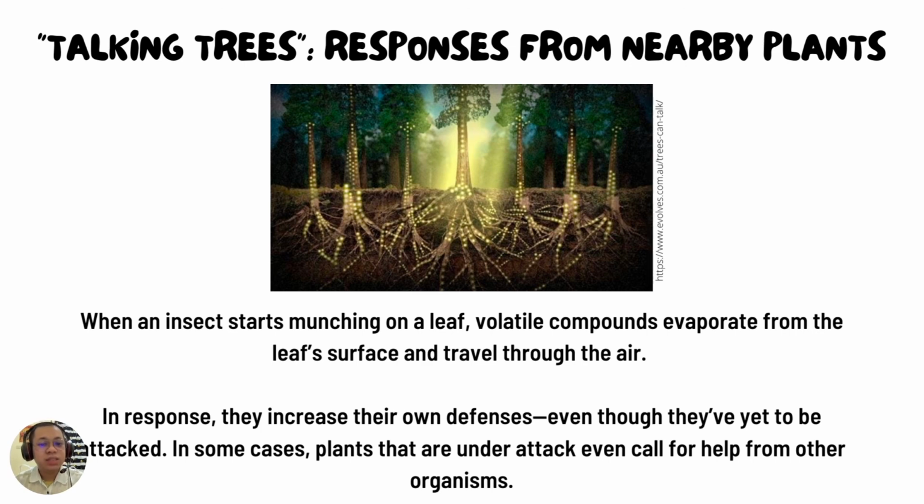So it's like signaling the other plants that, hey, I am being attacked. And by this, the other plants, though they are not yet being attacked, are ready for the possible attack.